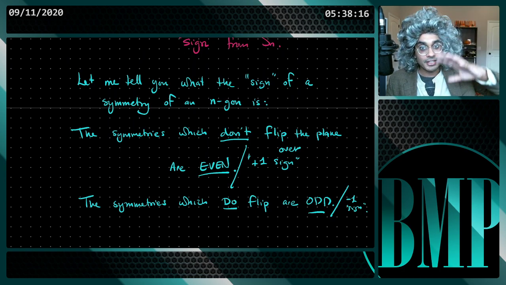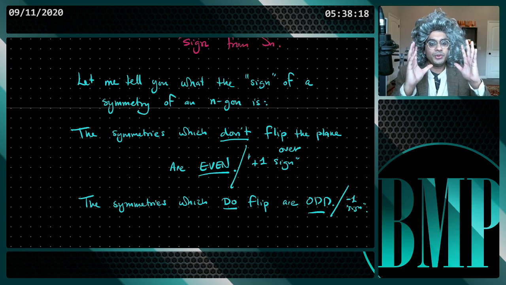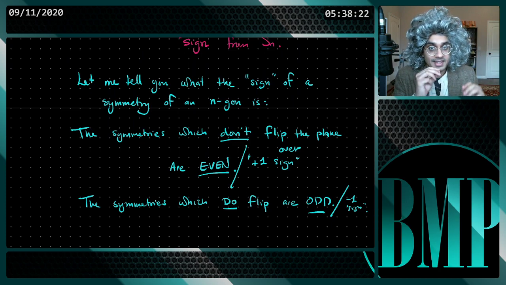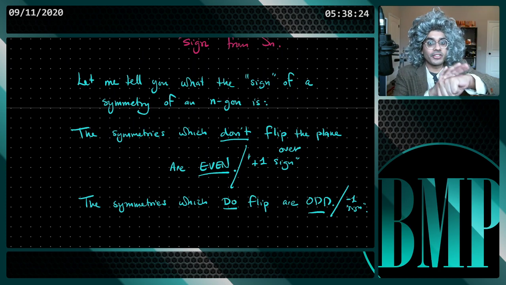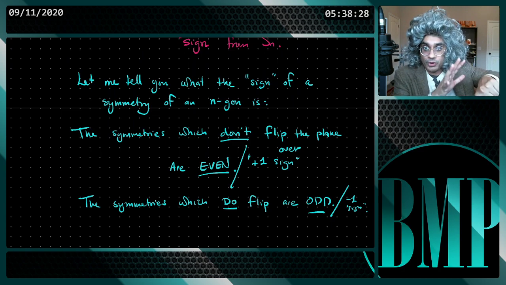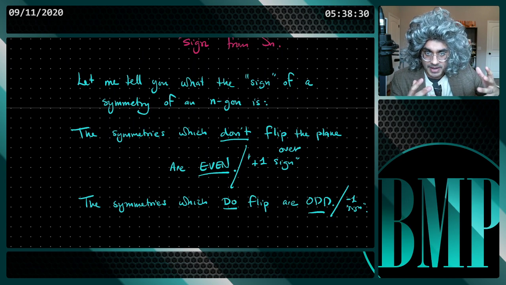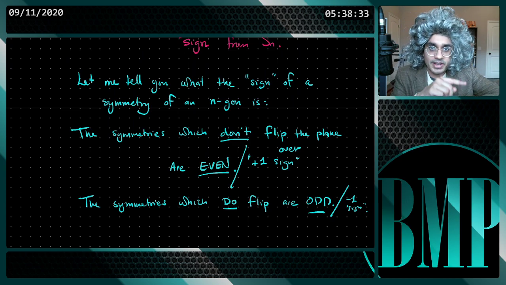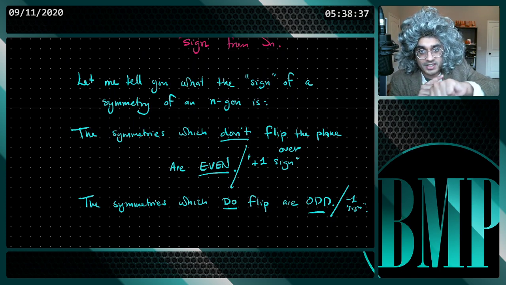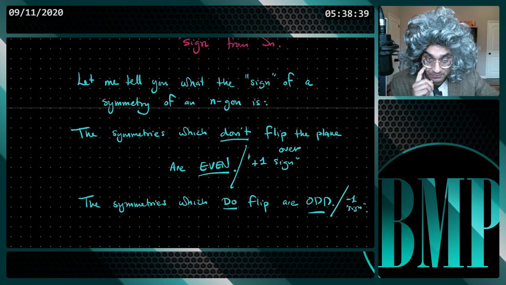The ones that have plus 1 sign keep clockwise. So they keep the direction of clocks. Before you do the transformation of space, all clocks went a particular way.